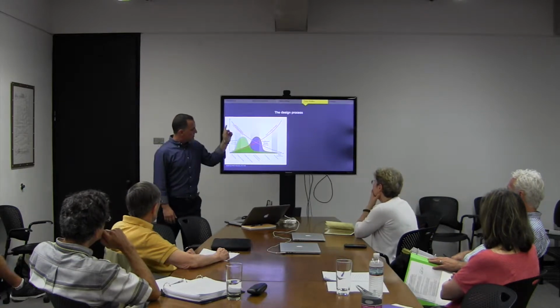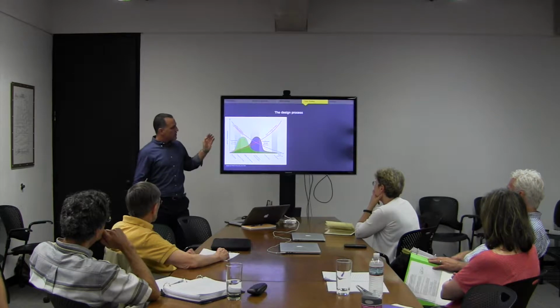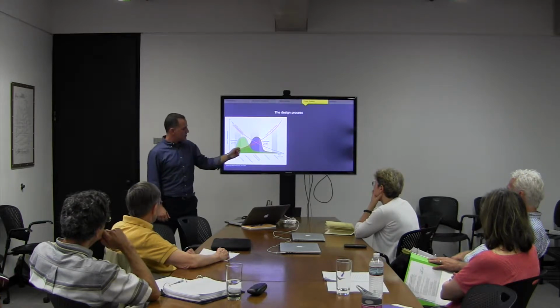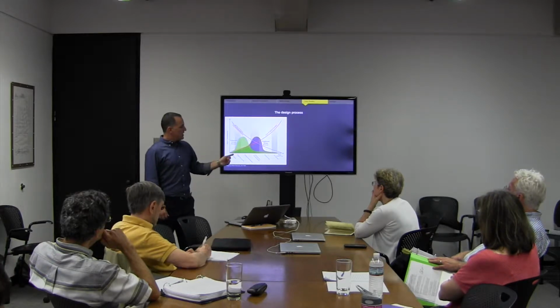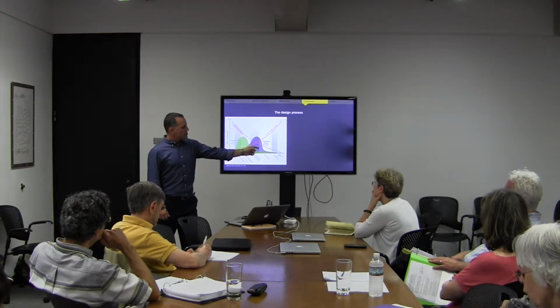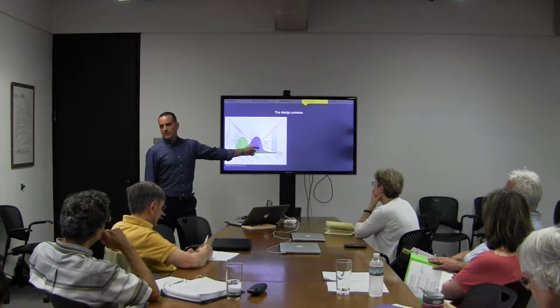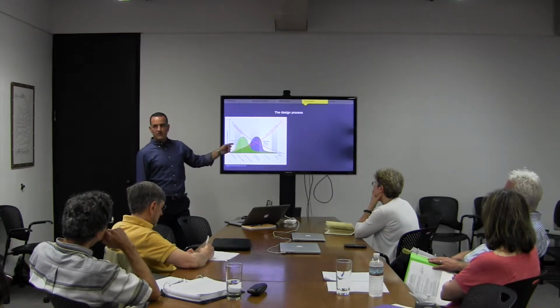This graph was really known and quite straightforward, but what McLeamy did is he introduced these two humps showing where the traditional design process concentrated its efforts versus the integrated design process.